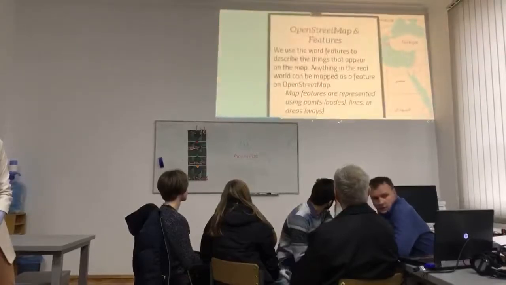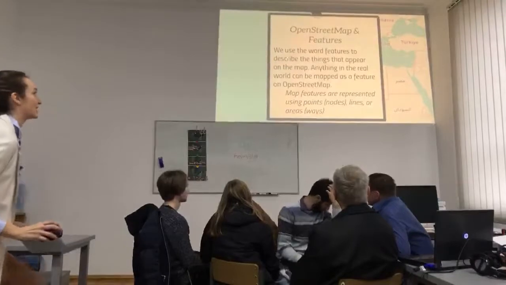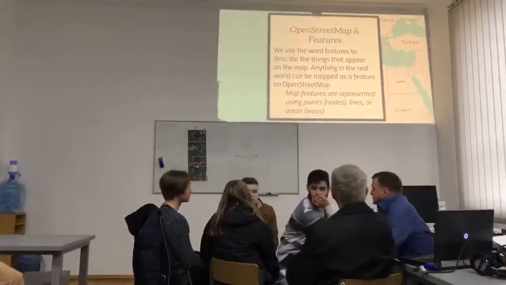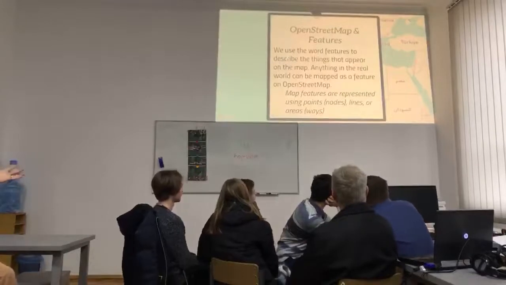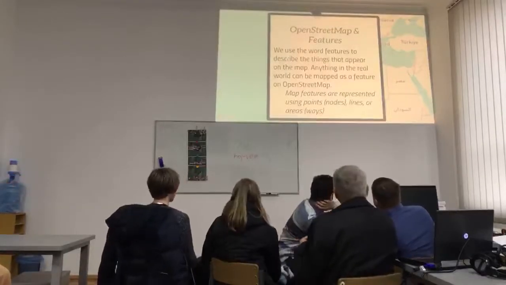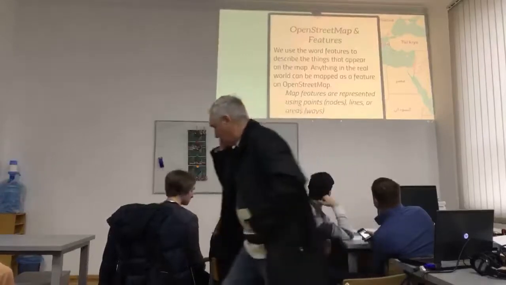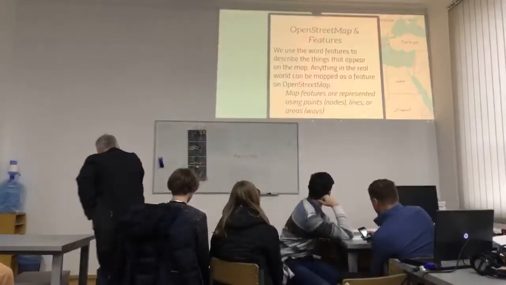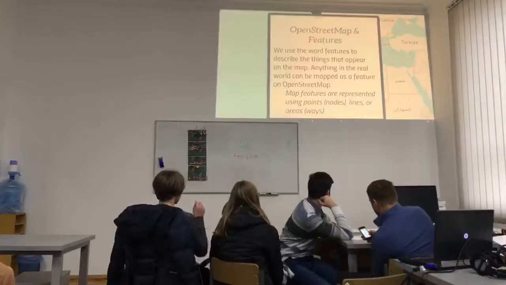Now I'm going to explain a little bit about OpenStreetMap. I'm going to show you guys what it looks like. Pretty much, all you need to know is that OpenStreetMap maps anything that can be mapped. If you look at the image, I had some questions like, do we map houses? Do we map streets?